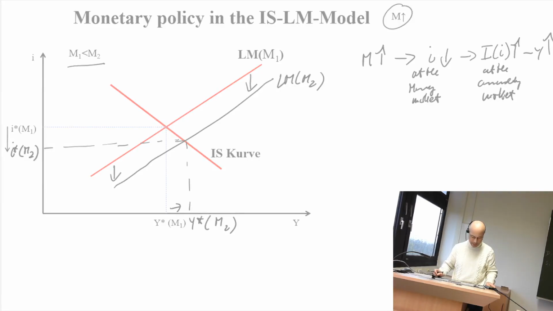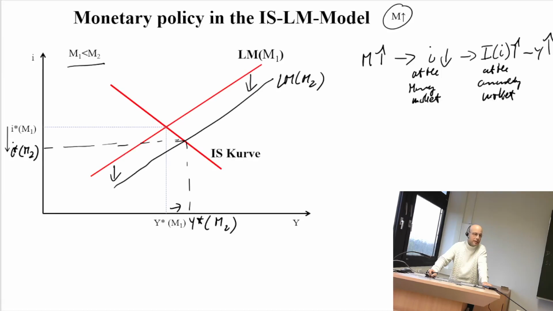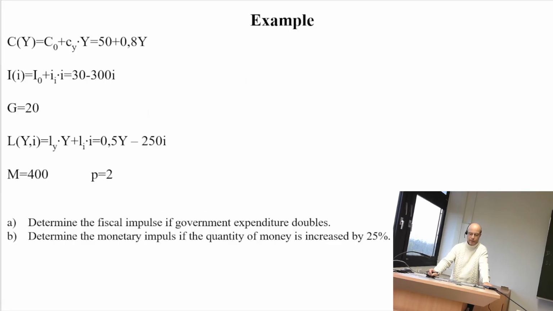Okay, 3 minutes left. Then let's look at what happens in our example if we now do fiscal and monetary policy. Let's take A. What do we have to do if government expenditure doubles?